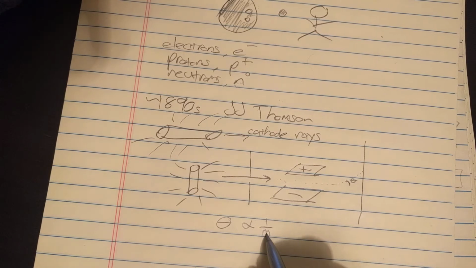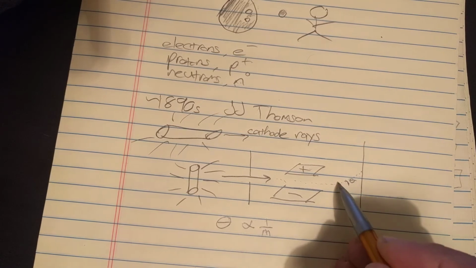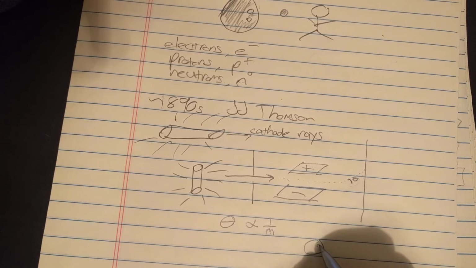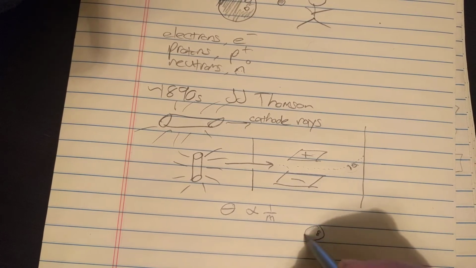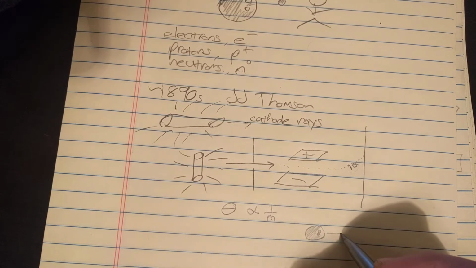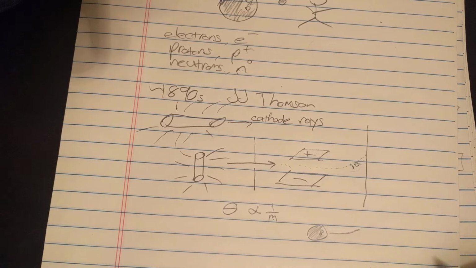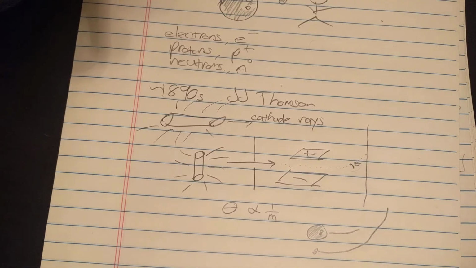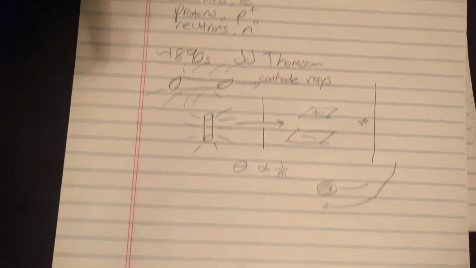So a more heavy object would deflect less. If you put a bowling ball through this apparatus, it would only deflect slightly. But a ping pong ball would go way off course.